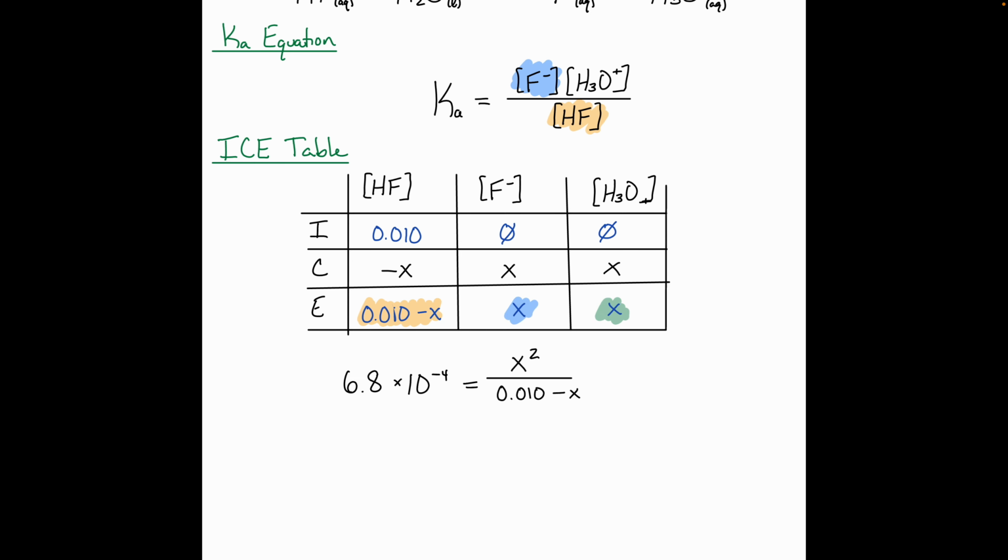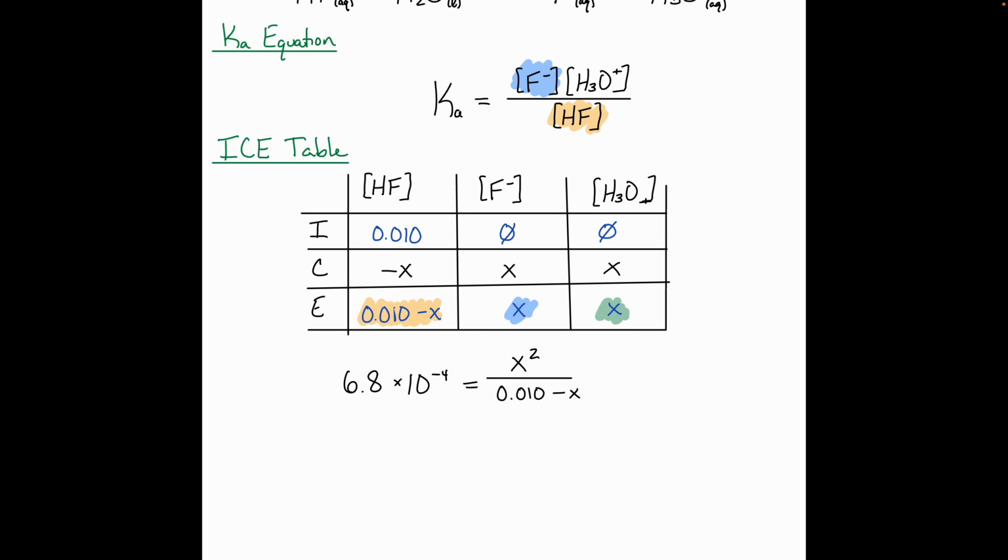All right, again, we're going to first attempt our small x approximation. That means that we get to take this equation right here, and we get to just ignore that minus x in our denominator.